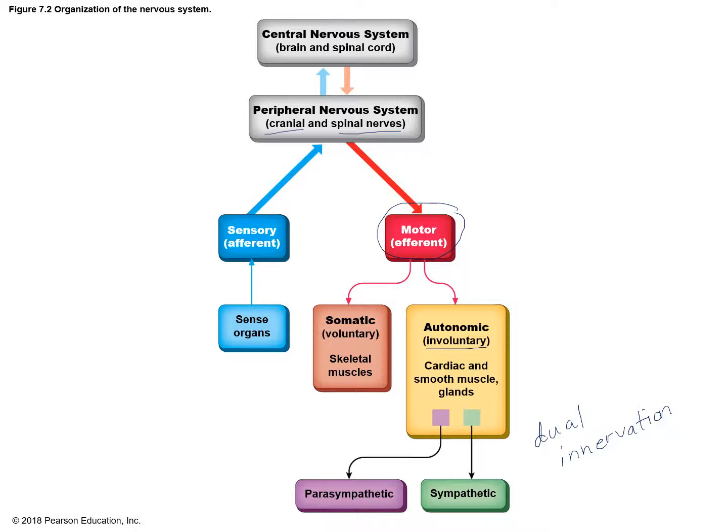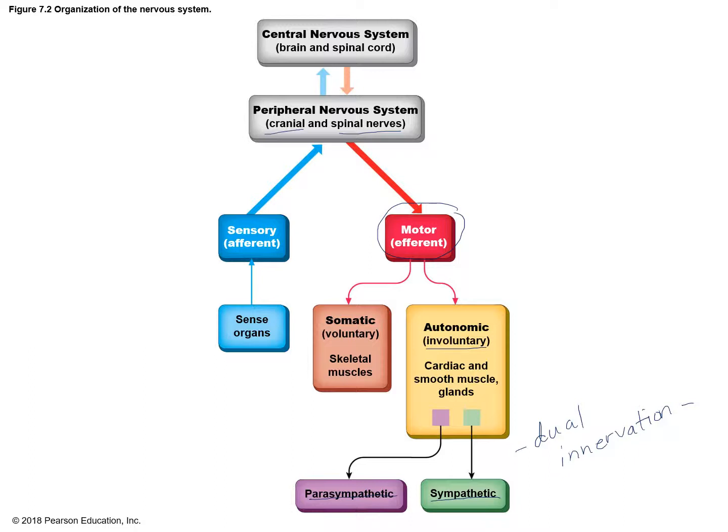If the primary control is coming from the sympathetic division, that's going to increase the heart rate. And similarly, we can also have parasympathetic control over the heart, which would decrease the heart rate. So that is dual innervation. Most of our organs are dually innervated. So these two systems often oppose one another in terms of their action, but sometimes they work together.